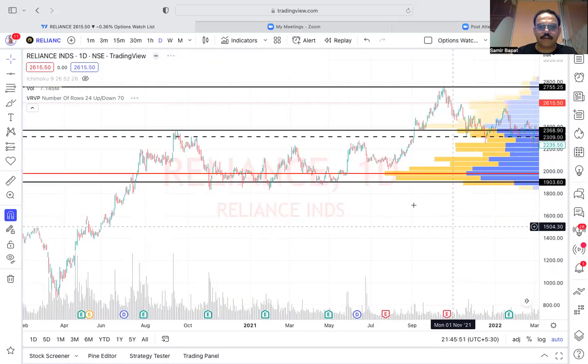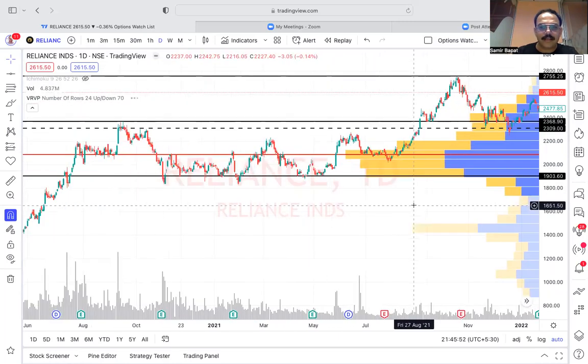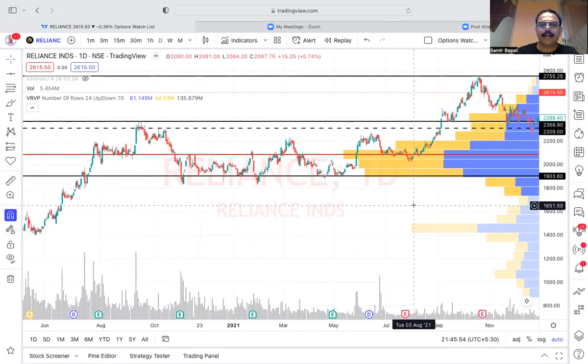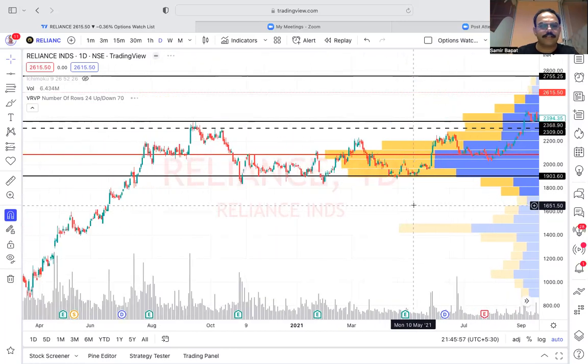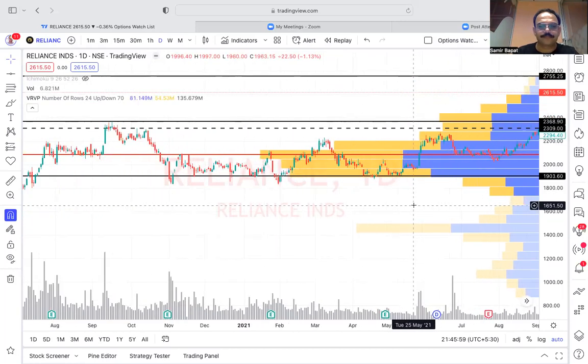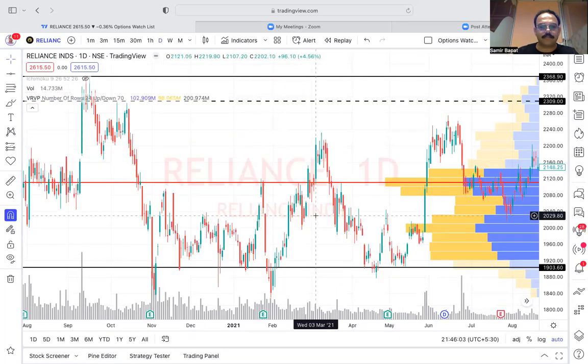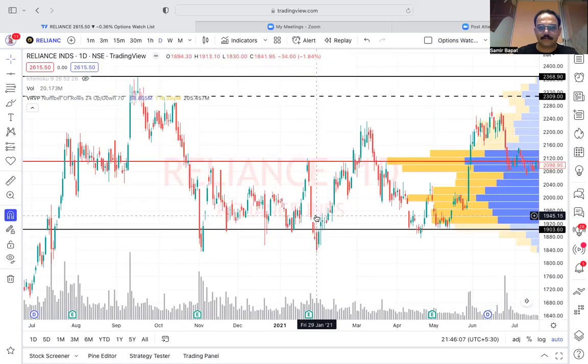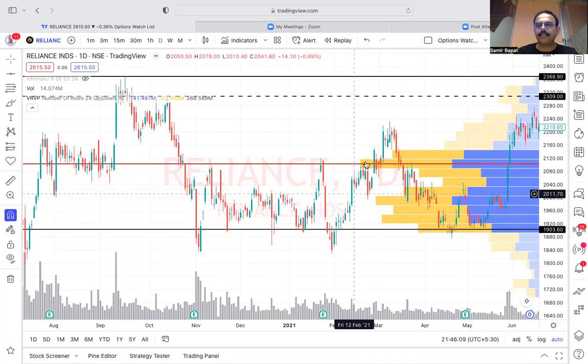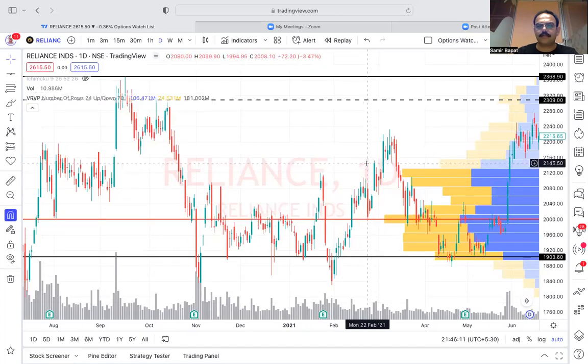If I want to know where the lower price was, if I go for last year when it was consolidating, again you'll find on this consolidation that this is the range. Sorry, just hold on.